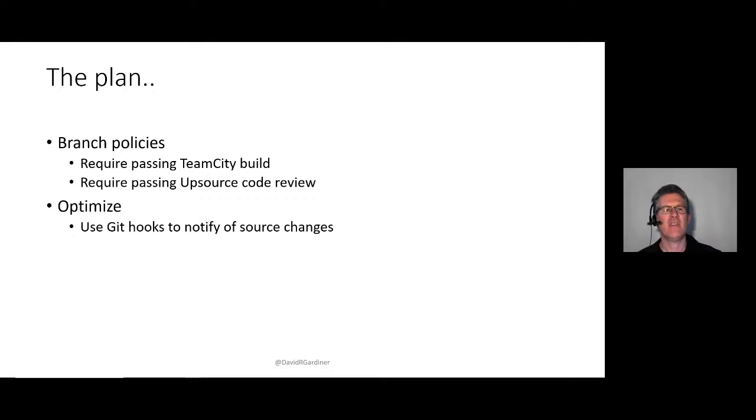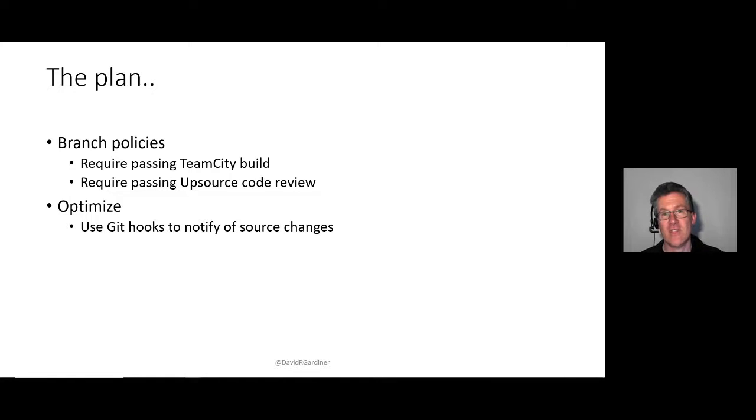So our plan is we're going to make use of branch policies in Azure Repos. By default, we've got our Git repository, we've got a master branch, and we can just commit to that. But what we want to do is enforce a branch policy so that every change needs to go through a pull request. And for each pull request, we want to make sure that we've got a TeamCity build that has passed.